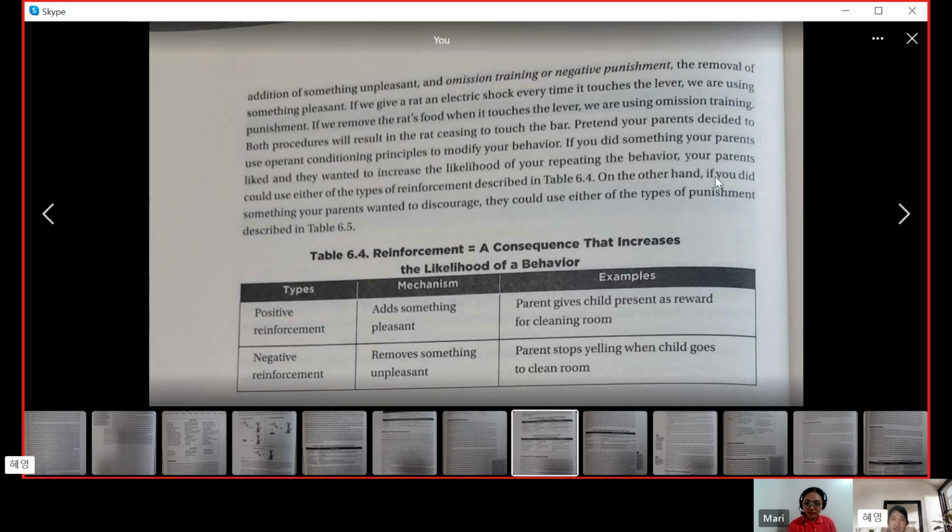On the other hand, if you did something your parents wanted to discourage, they could use either type of punishment described in table 6.5.